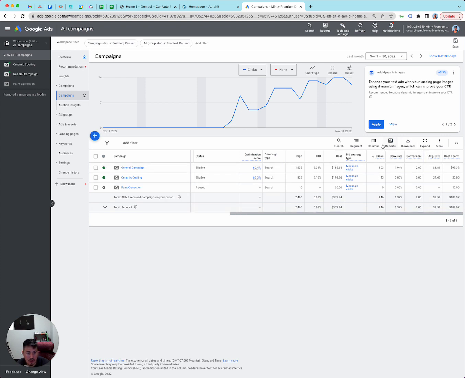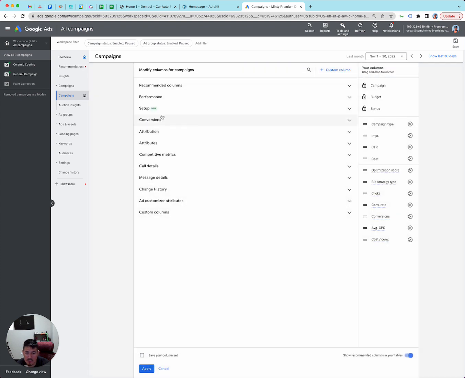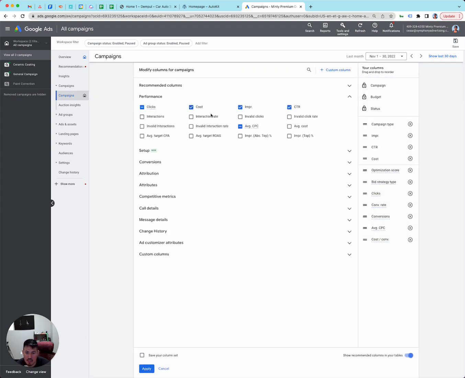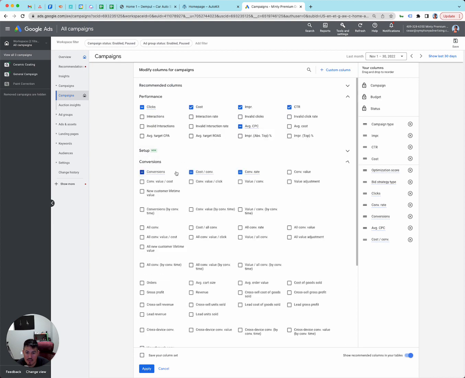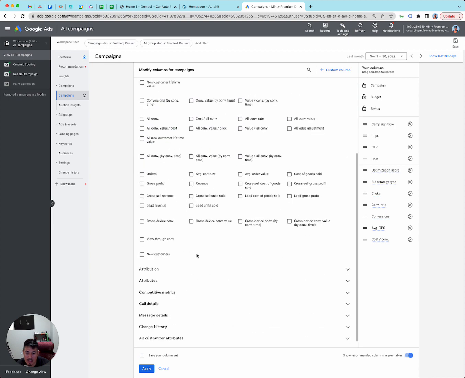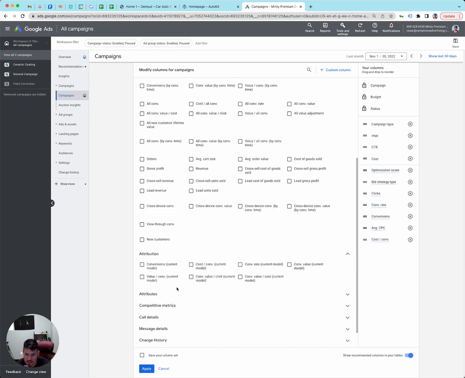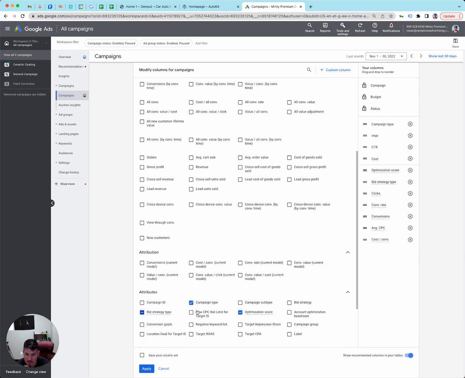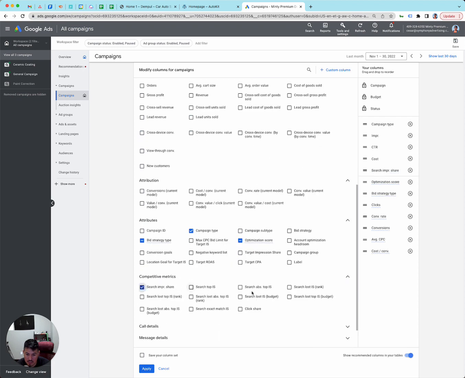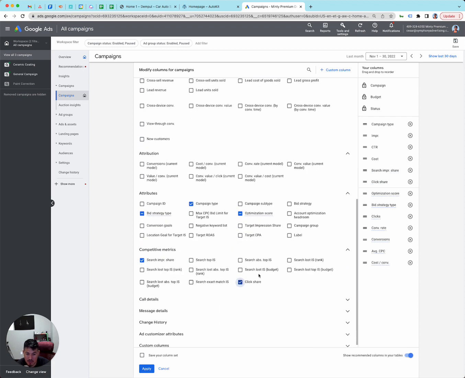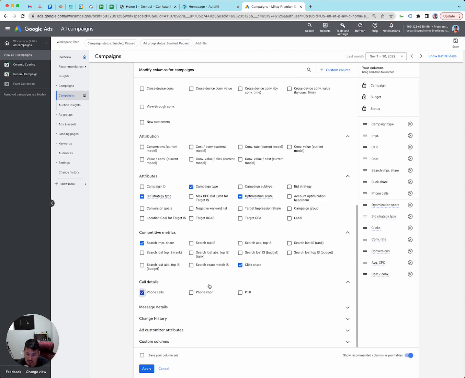Let me change some of the columns here. I don't know why they switched back. Clicks, cost, impressions, average cost per click, conversions, cost per conversion, conversion rate. They're just out of order, actually. Bid strategy type, optimization score, competitive measures, search impression share, and click share. We want to know call details, phone calls. Okay, and then we're just going to reorganize this, and I suggest doing the same here.